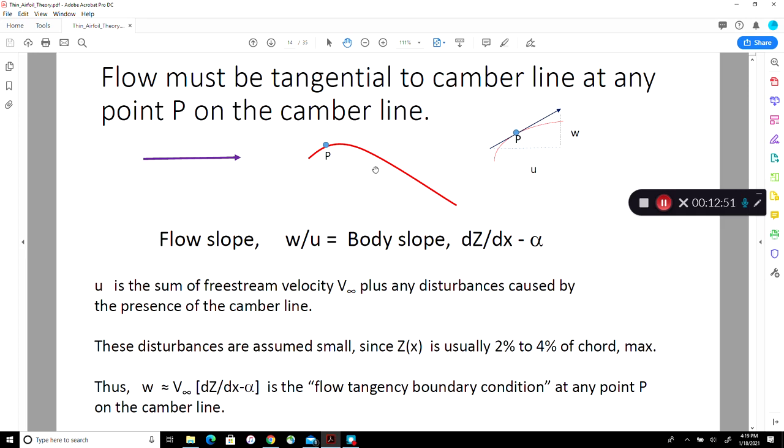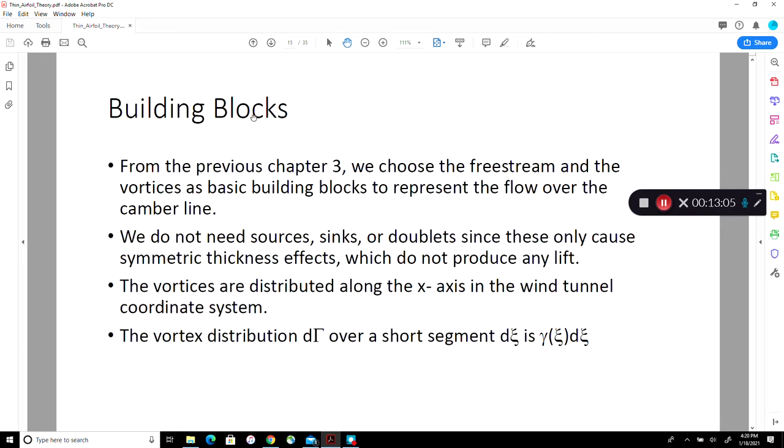So each one of these vortices is going to be very, very weak because we are taking a tiny slice of this camber line of width delta xc or delta x. Then we are going to capture the vorticity within that tiny box. So we are going to take the camber line, break it into small segments of length delta xc.